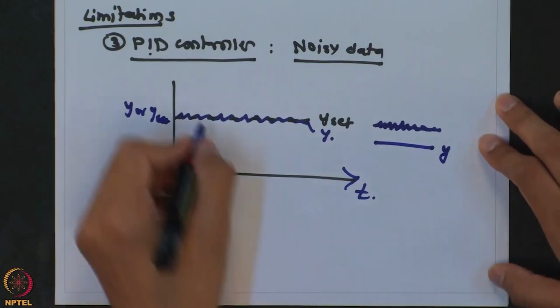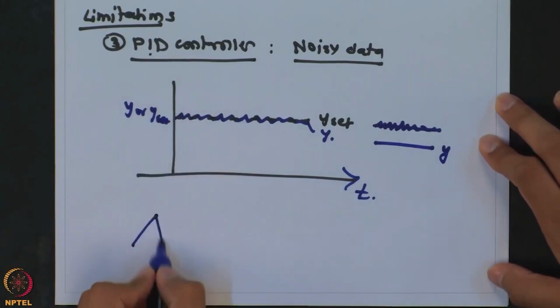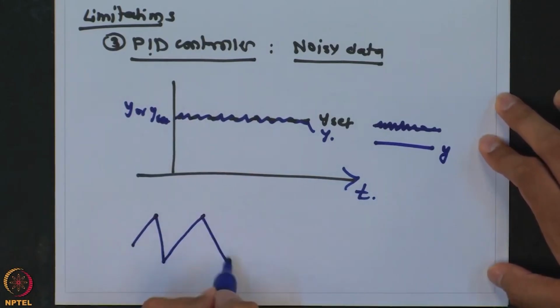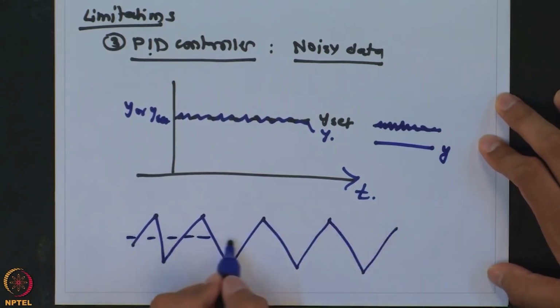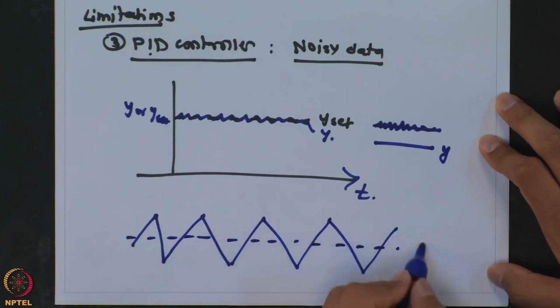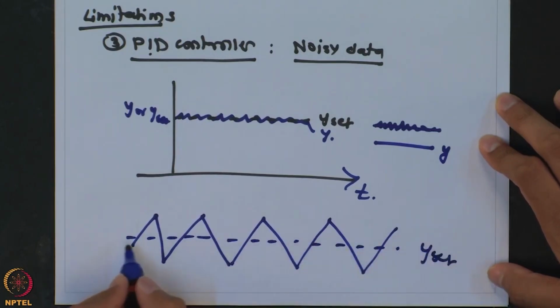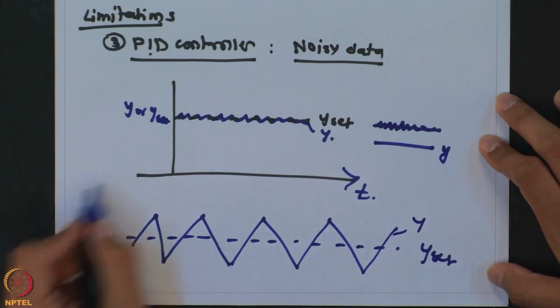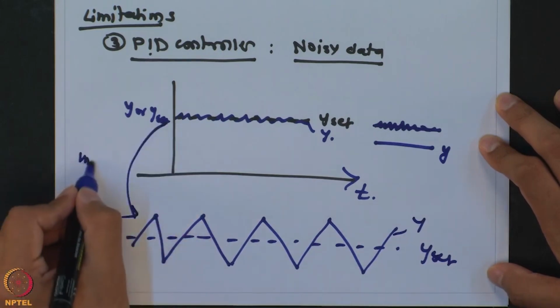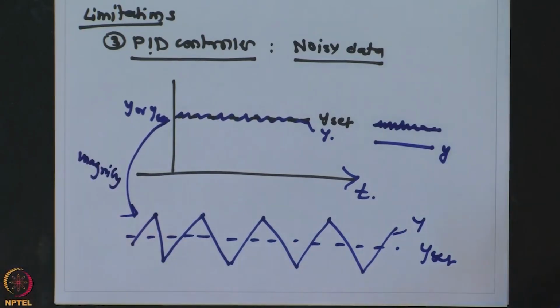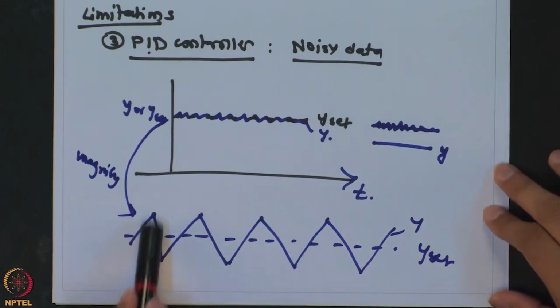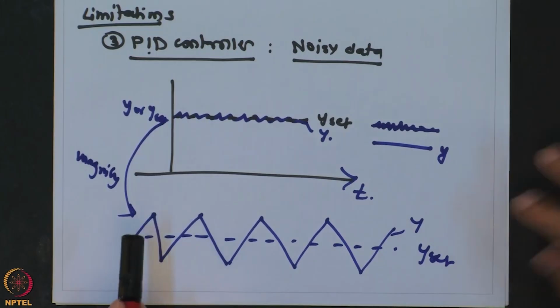However, if you magnify this particular portion, the system is continuously moving up and down from the set point. This is just a magnified view of this. So, what you are going to see is that in general the proportional controller is not going to take any action here, because the magnitude of error is very small.